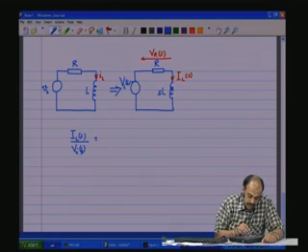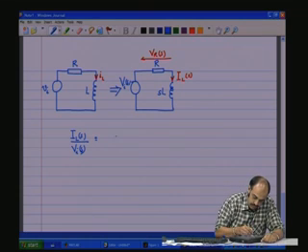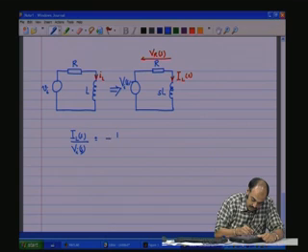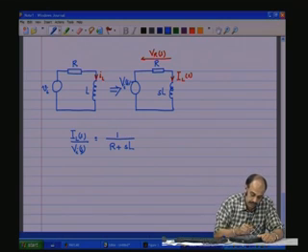It is nothing but 1 divided by, that is voltage, divided by these impedances, which is R plus SL, plain and simple.